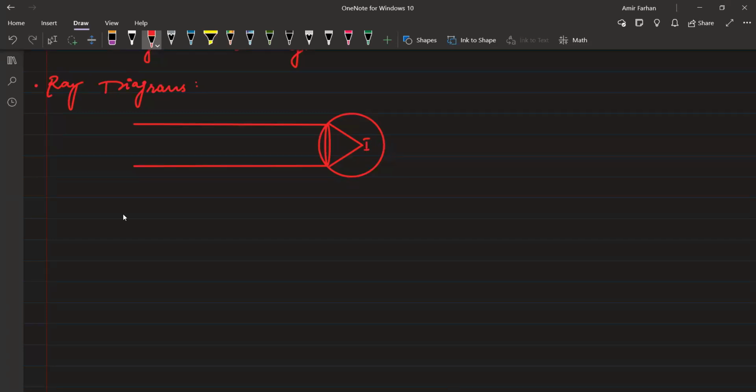I'm writing here: image is formed in front of the retina. Like this, see, parallel rays.